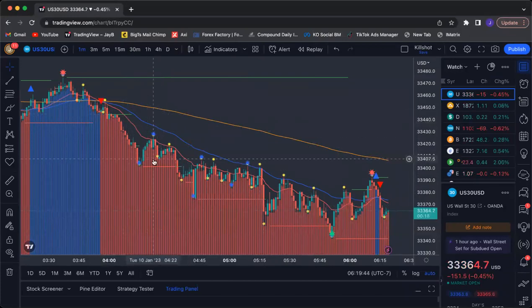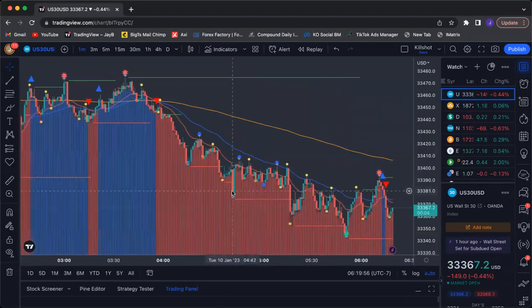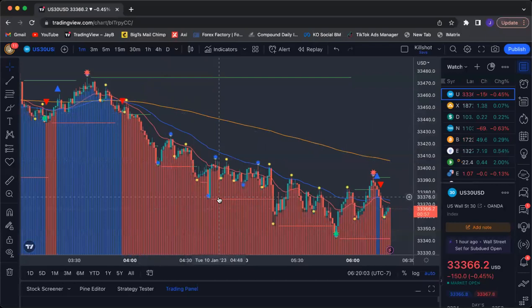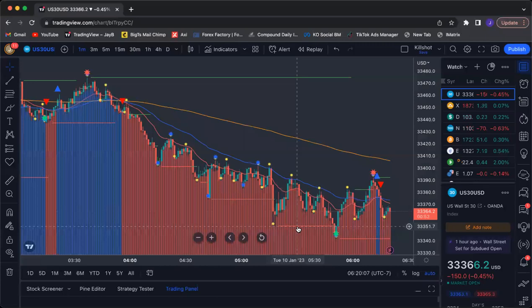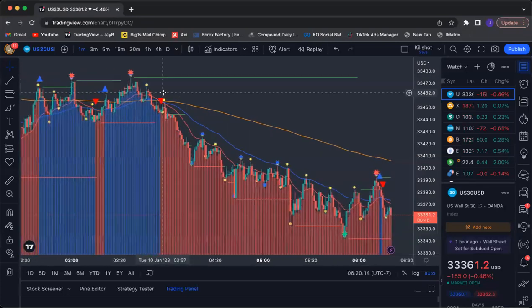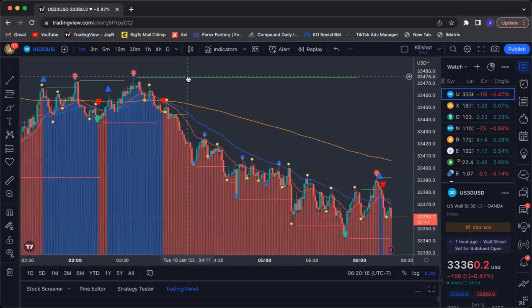But what's important about these support and resistance levels, right? This is support, and then we have resistance levels. Because they're decision moments on the chart, we want to make sure that when we're entering, we're giving ourselves enough reward back to these levels or back to structure that the risk to reward makes sense.